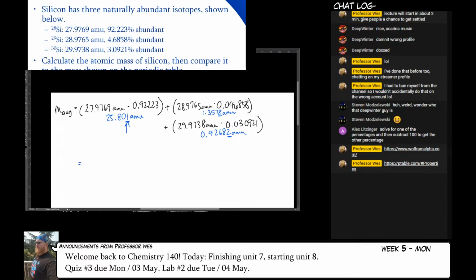And so when I do all of this, I get 28.086. That's the result I get. What does silicon say on the periodic table? Mine says exactly that number, so that's pretty good. We did it correctly.